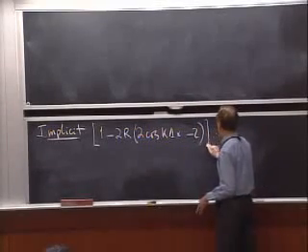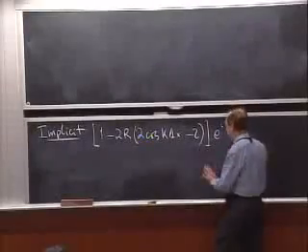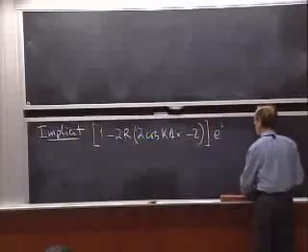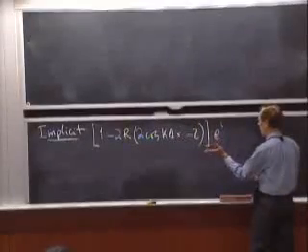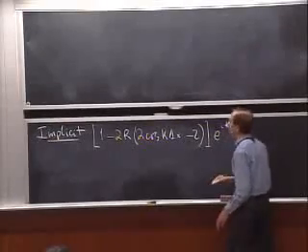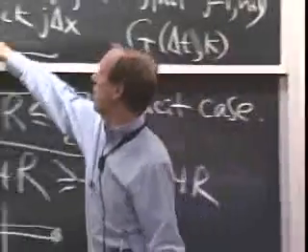That's what multiplies e to the i k delta x. Do you see that that's showing up on the new side of the equation, and on the old time step, we only have the 1.